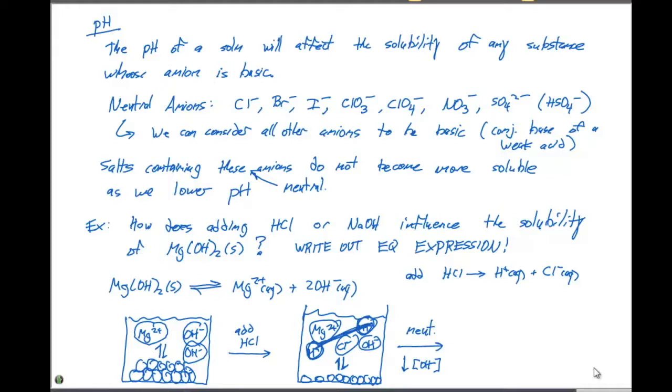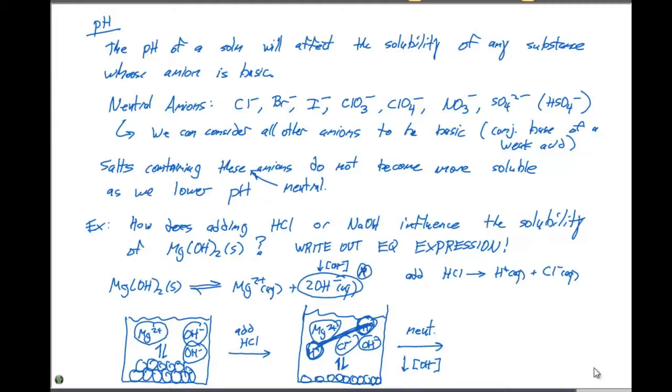Since we've written out the equilibrium expression, we can see that the OH- ion shows up on the right-hand side. If we drop the concentration of OH-, or remove OH- from the solution, that means our equilibrium is going to shift to the right.